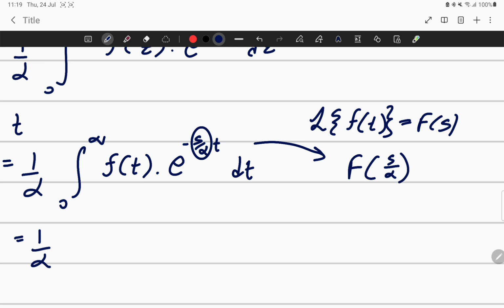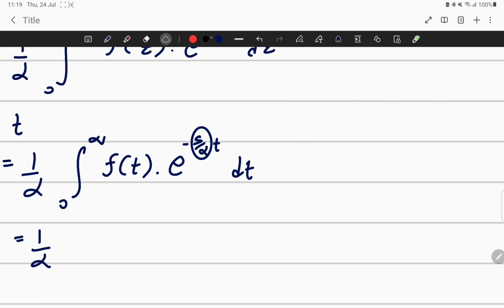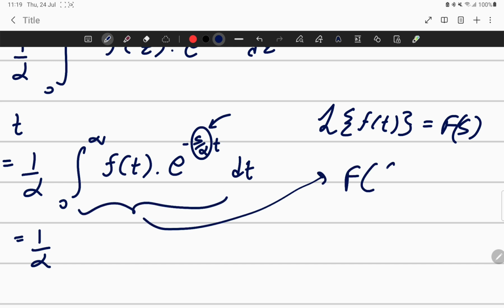I hope you guys understood. I will tell you again. The Laplace transformation of f(t) is F(s), and here this is the s term. So here s is s over alpha, so this integral is F(s over alpha).